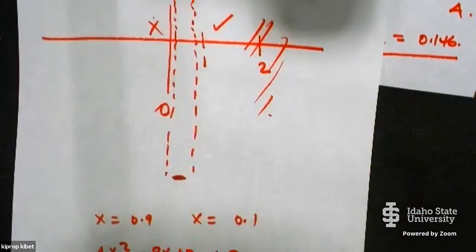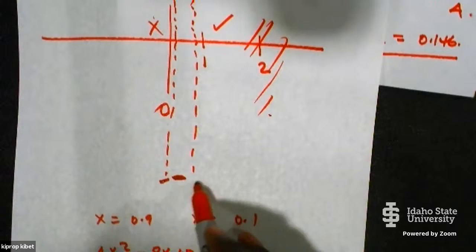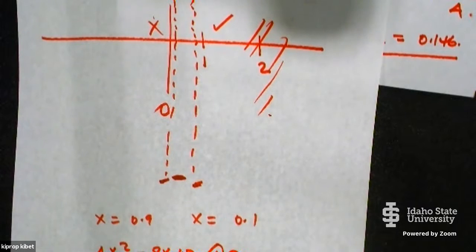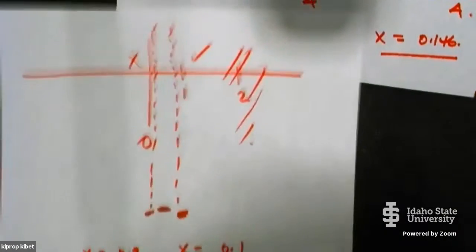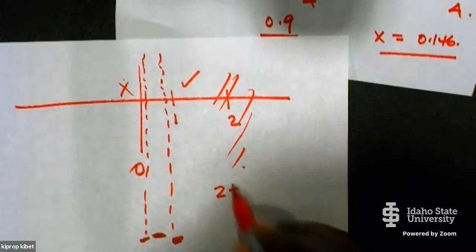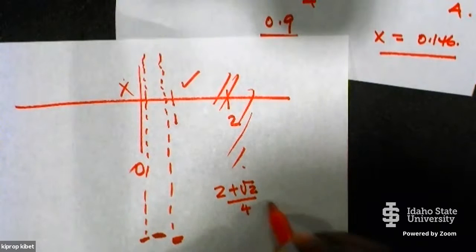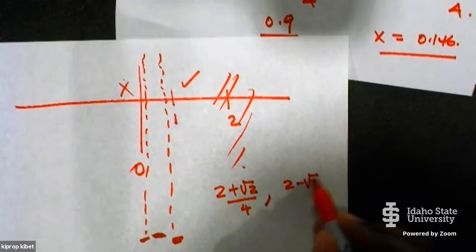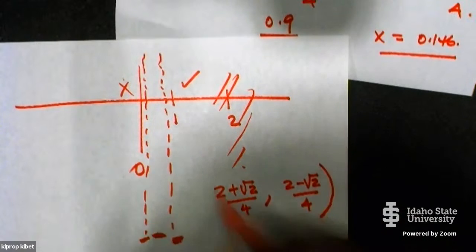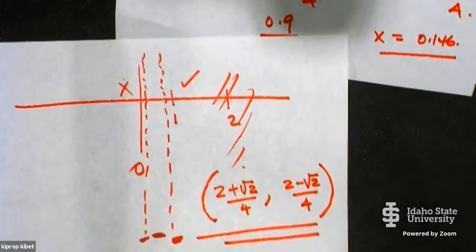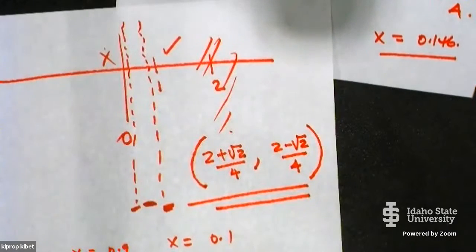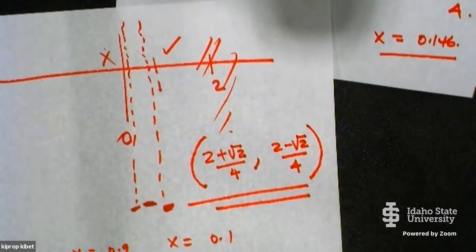But because it is less than 0, we are not including these points, okay? So our interval notation will now be 2 plus the square root of 2 all over 4, and then 2 minus the square root of 2 all over 4. And that is our interval notation.